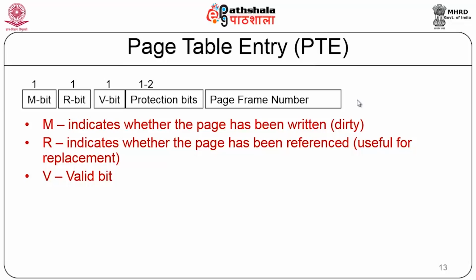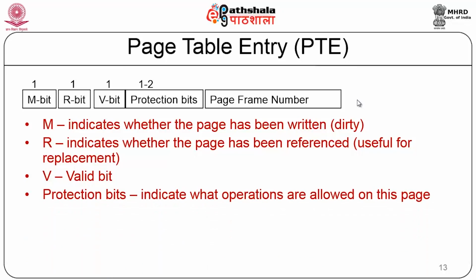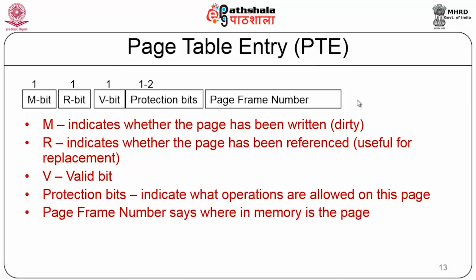The R bit indicates whether the page has been referenced. This is basically useful for your replacement policies like LRU. Then you have a valid bit which tells you whether this entry itself is valid or not. Only if it is a valid entry can you consider it to find out the physical page frame address. And then you have the protection bits, which actually tell you about the access rights of that particular page.